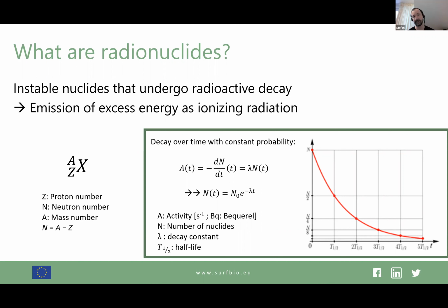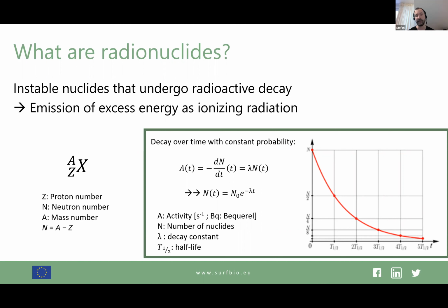This decay happens over time with constant probability, which basically means that the activity, the decay events per time, declines in an exponential decay.